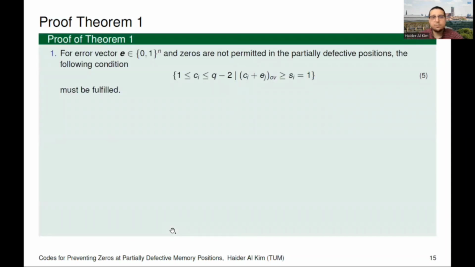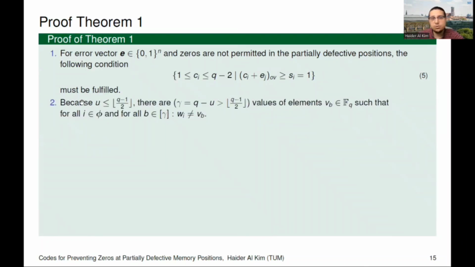And yes, the proof is the following: for an error vector from {0, 1}, we assume that this is our error vector, and it's extendable, and we will give a remark on this. And 0 and 0 are not permitted in the partially defective position, so this condition should be fulfilled.